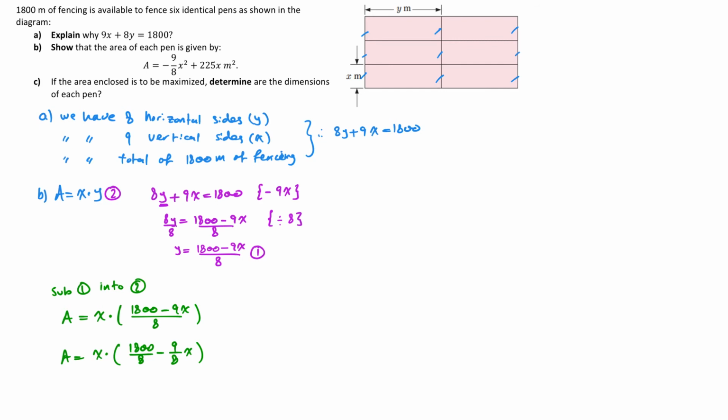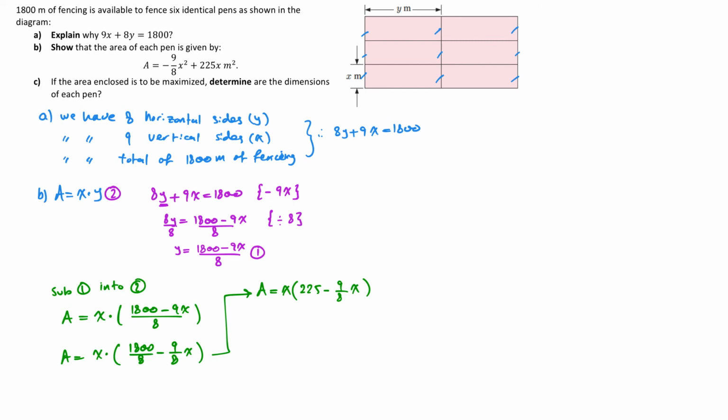And 1800 divided by 8 is actually 225. So that's fantastic. So area is equal to x times 225 minus 9 over 8x, and it's starting to look a lot more like this.